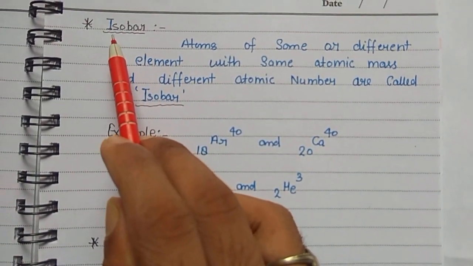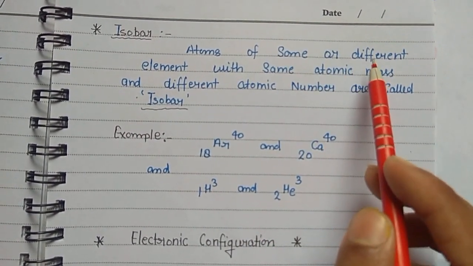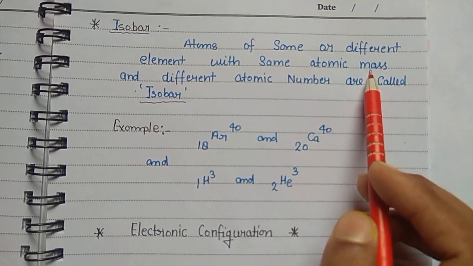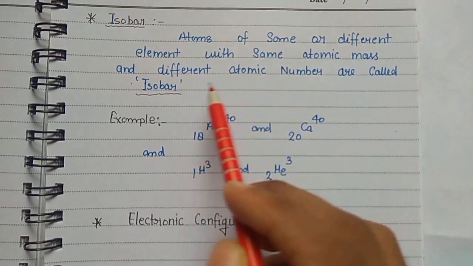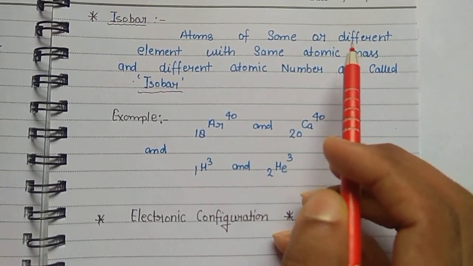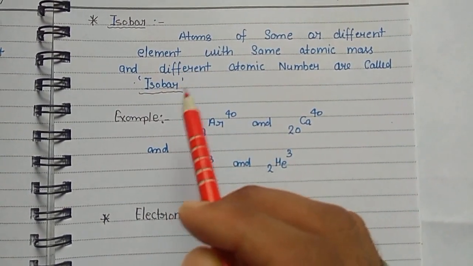The next point is isobars. Atoms of the same or different elements with the same atomic mass and different atomic number are called isobars. In isobars, atomic masses are the same, but in isotopes, atomic numbers are the same.